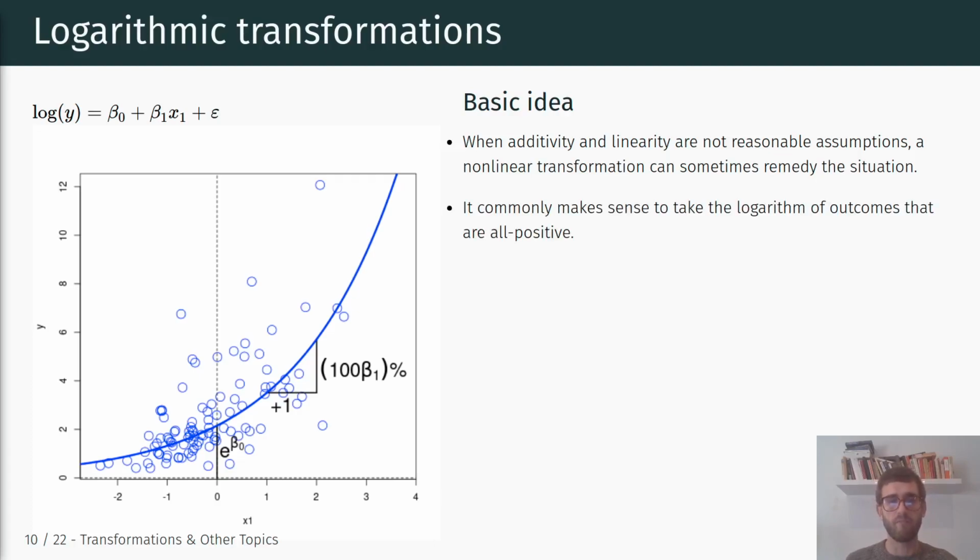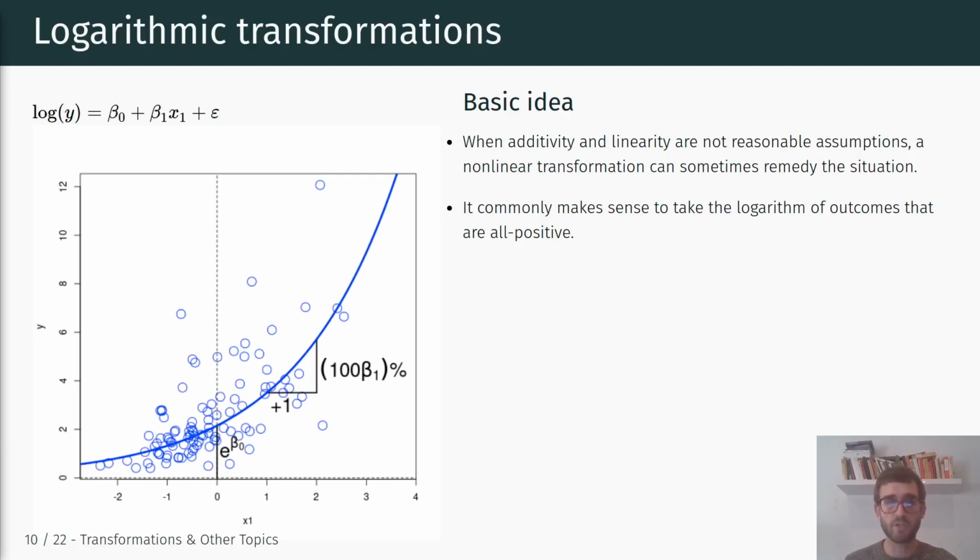In general, it commonly makes sense to take the logarithm of outcomes that are all positive. If we think about this from a prediction point of view, this makes quite a lot of sense, because if we have an outcome measure that is all positive, we want to make sure that whatever predictions we're making about this outcome measure are all positive as well.